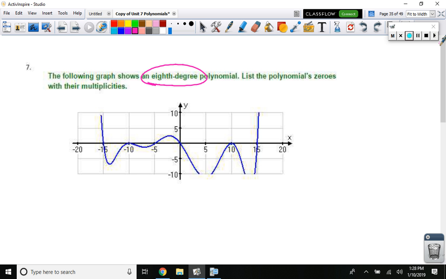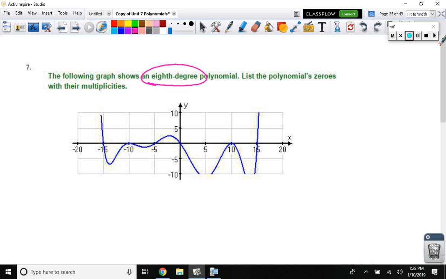If at the root it turns around, it is tangent at that root, it has to be an even multiplicity. That means the root repeated, for sure. But either repeated twice, 4 times, 6 times, 8 times, an even amount of times. That's what that means, when it turns around and doesn't cut through.